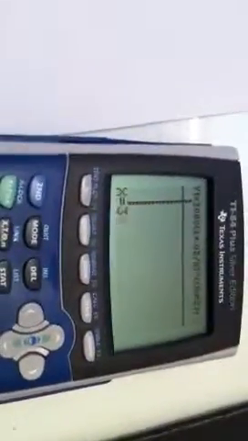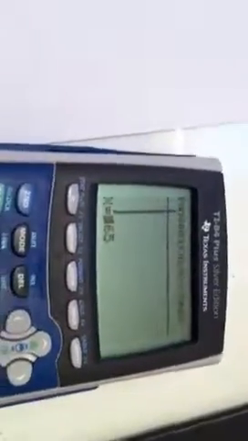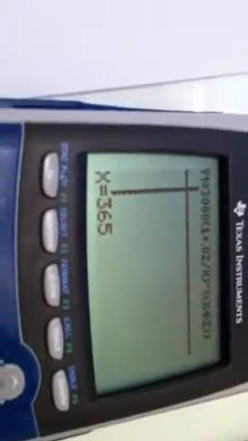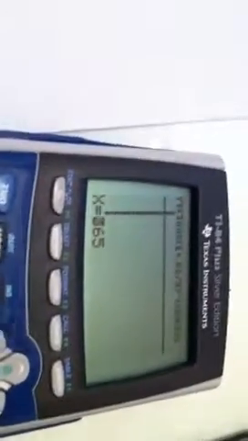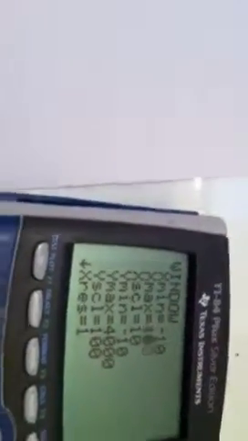I don't know why it's saying invalid for 365, but I guess this equation wasn't meant for that. So we can check our window, our X max. We're gonna change it to 400 and see if that helps us out.